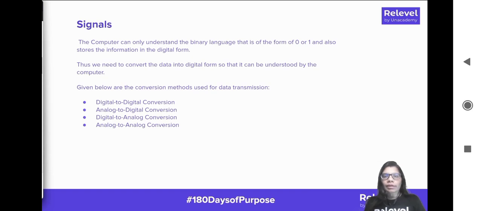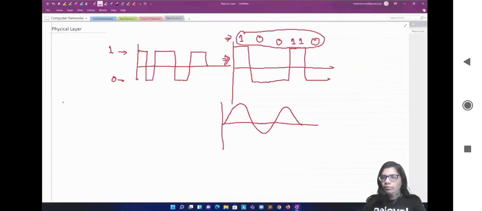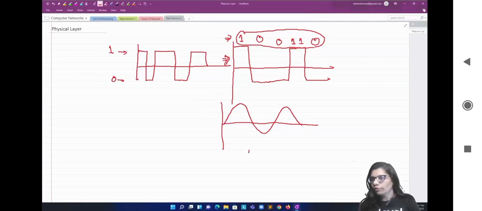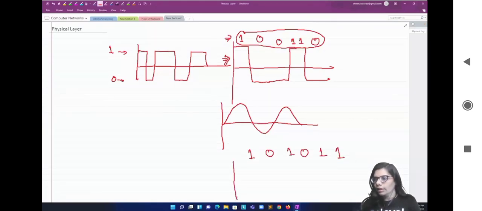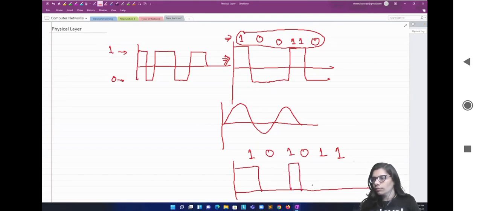If you have to represent your data in terms of unipolar encoding, and you have the data something like 101011, you will represent it like this. Here this is your 1. For 0 you won't do anything. This is 1, then this is 0, then this is 1, and next is also 1.